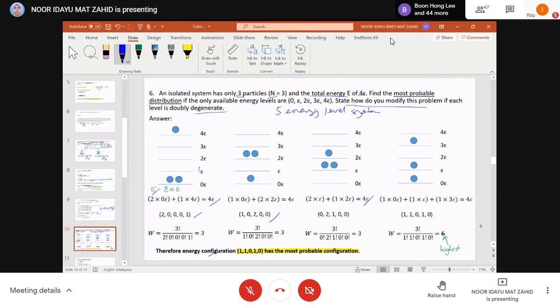This is written as 0, 2, 1, 0, 0. And next, if you put 1 at 0, 1 at the epsilon energy level, and 1 at the 3 epsilon energy level, you also obtain a total energy of 4 epsilon. So this is 1, 1, 0, 1, 0.